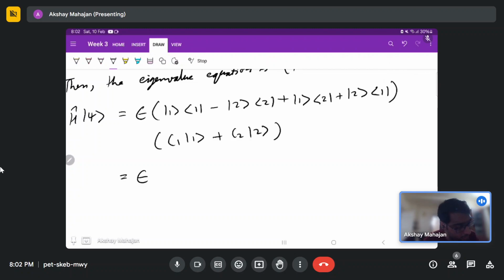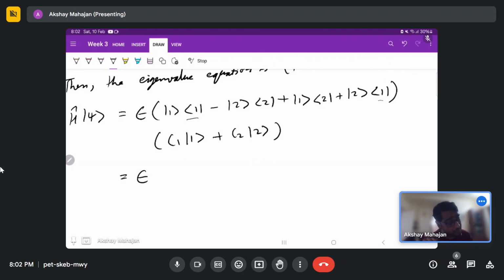like we have done in the previous one, you will have a bra 1 and ket 1, and this will give you 1, while if you take the dot product of bra 2 and ket 1, they will give you 0. Only bra 1 and ket 1 products are going to give you a 1.